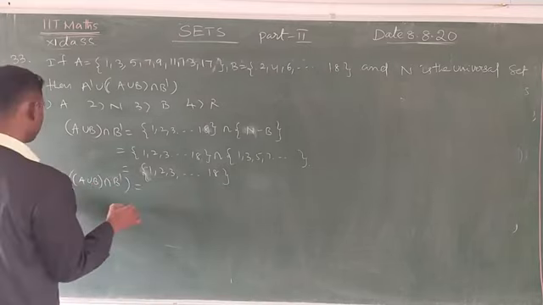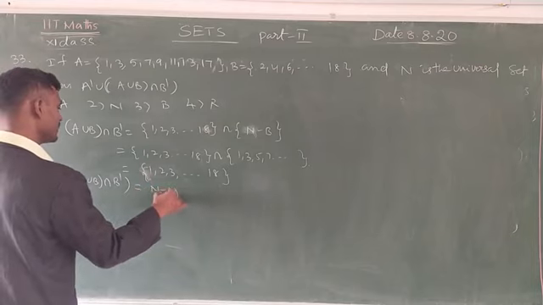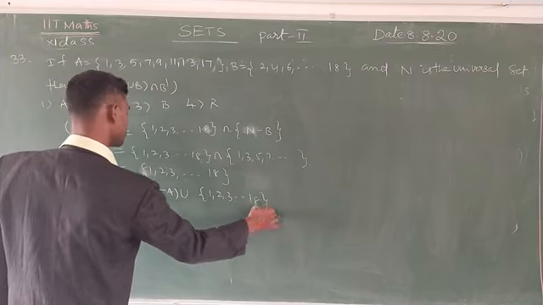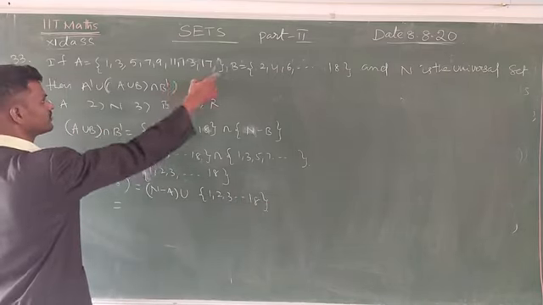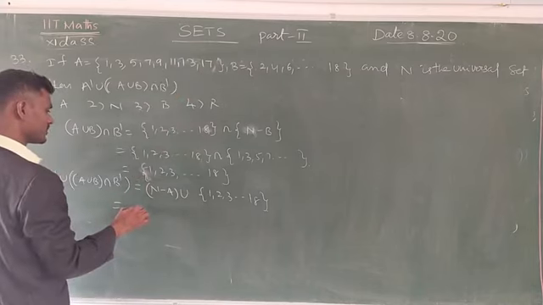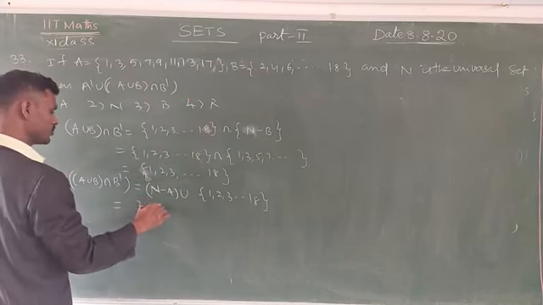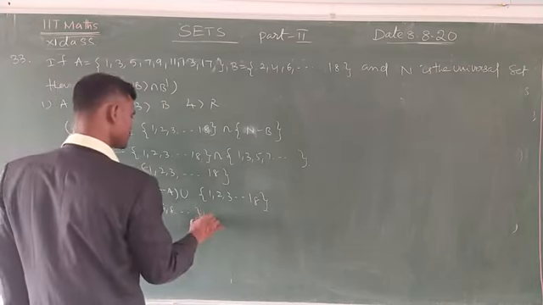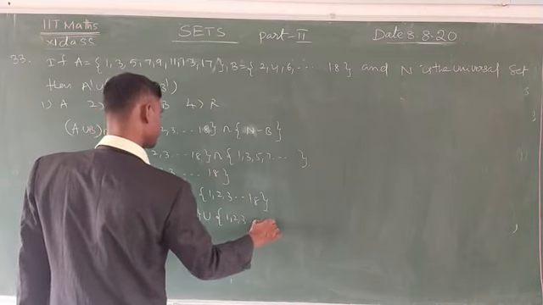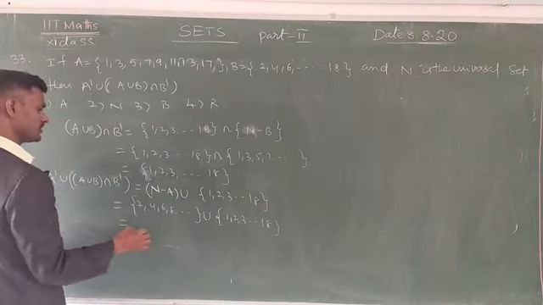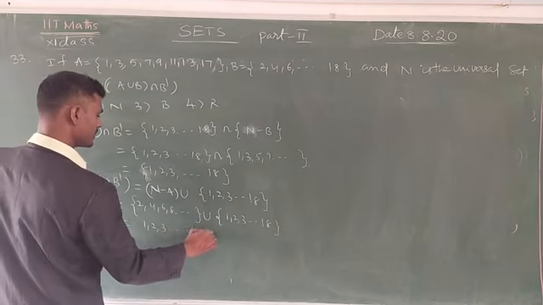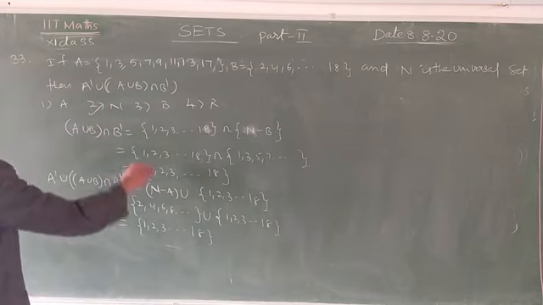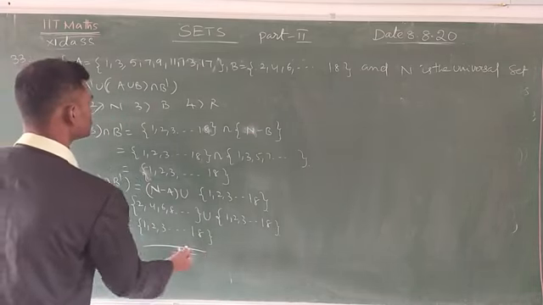A dash means N minus A, that is, removing the odd numbers from N, leaving the even numbers 2, 4, 6, 8 and so on, union 1, 2, 3, 4 up to 18. The union gives 1, 2, 3, 4 up to 18 numbers. This is equal to N only, the universal set.